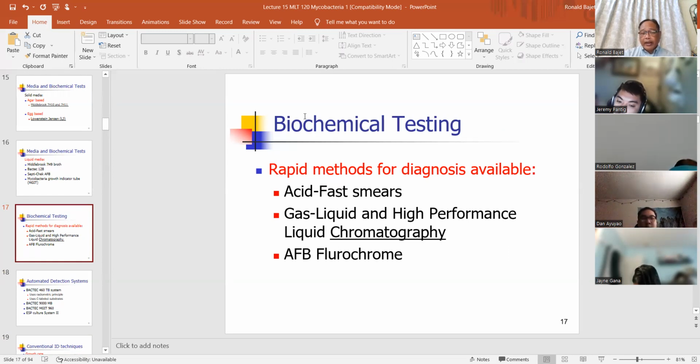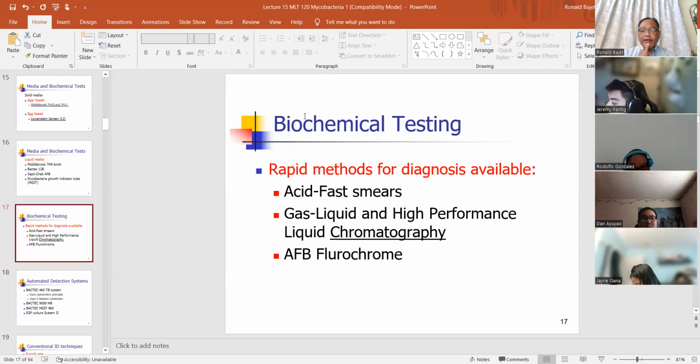You make a direct smear, and they'll take that direct smear and do an acid-fast AFB stain on it. And if it's positive, then you know right away that the specimen contains acid-fast bacilli. Okay. If it's negative, then they'll go through the digestion and decontamination procedure where you take a sediment and then you make more smears.